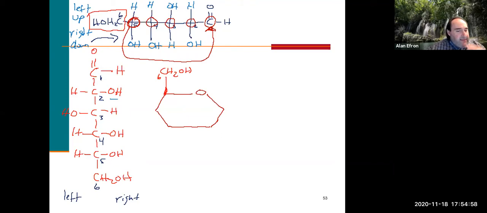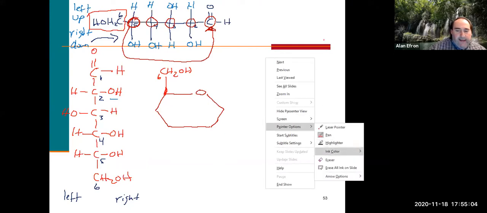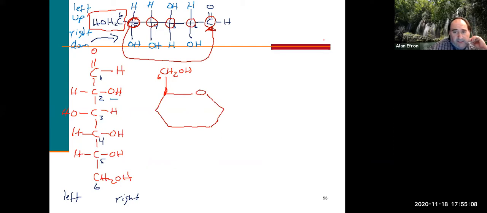Everybody on the left-hand side went up. We took carbon number 5, which is really the last chiral carbon, and we closed it in on the carbon-oxygen double bond to make our ring. And now we can number our ring. So we're going to number, like we talked about before, going counterclockwise. So that guy up on top is 6, which means this carbon right here would be 5. This would be 4. This would be 3. This would be 2. And that would be carbon number 1.